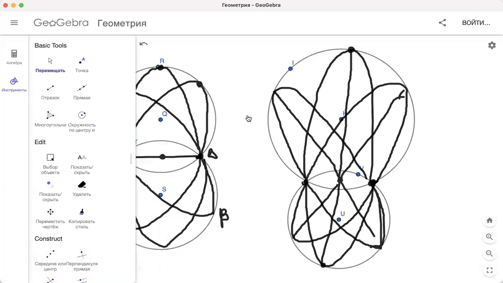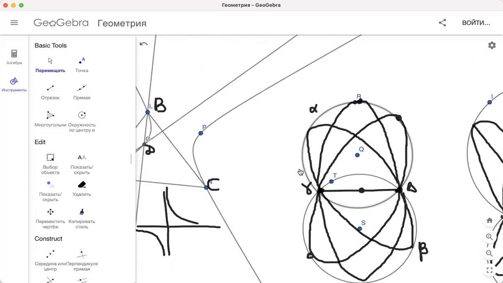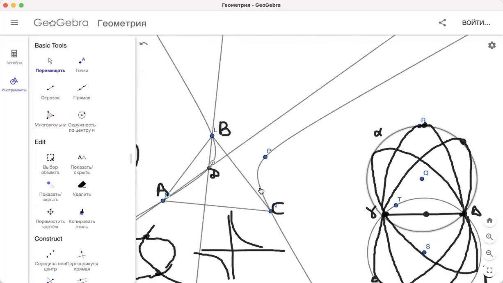Also, it is interesting to consider the locus of centers of these equilateral hyperbolas, passing through these 4 points, so the triangle vertices and its orthocenter.